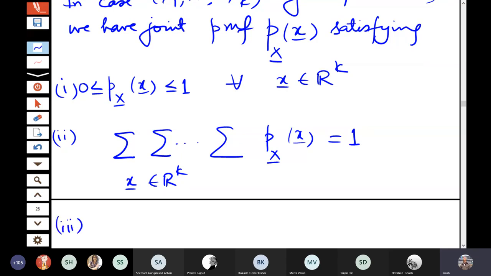And of course, the PMF actually denotes the probability of the point.